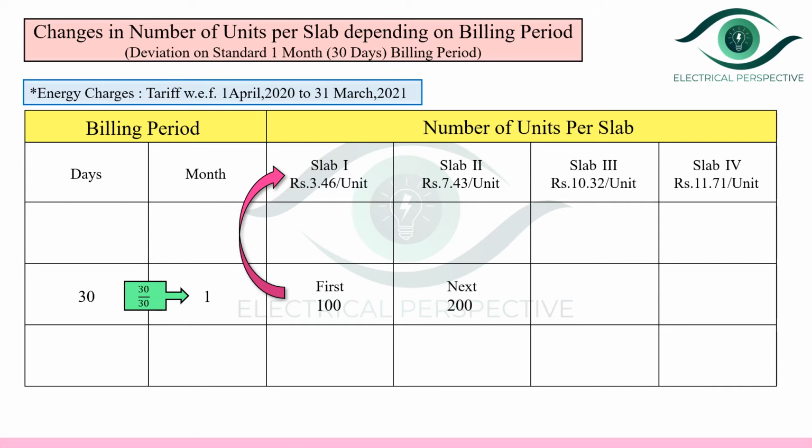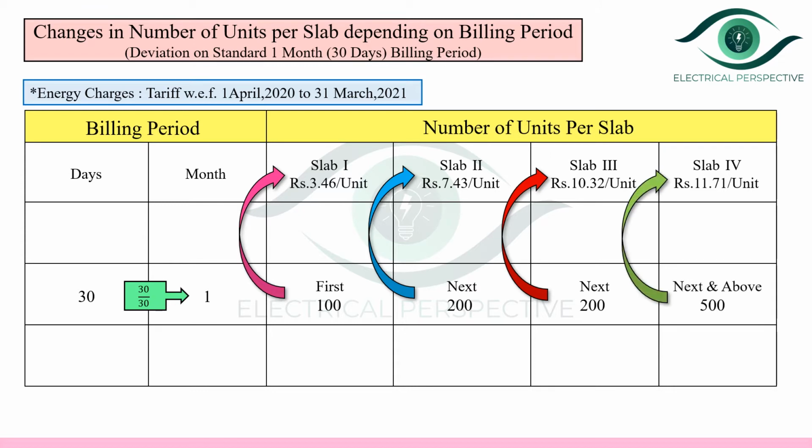If your consumption is even more, then the next 200 units will be considered under slab 2 and will be charged at 7.43 rupees per unit. Similarly, the next 200 units will be considered under slab 3 and will be charged at 10.32 rupees per unit. Again, if the consumption is more, that is, the next and above 500 units, that will be considered under slab 4 and will be charged at 11.71 rupees per unit.